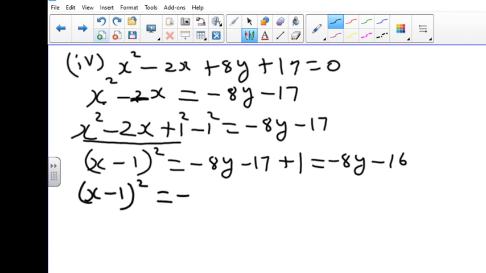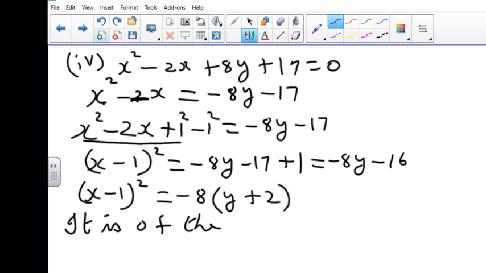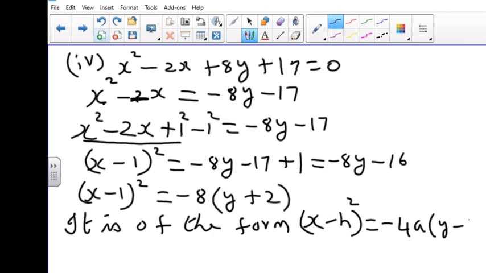Here the common factor minus 8 can be taken out, so y plus 2. Now this is of the form x minus h the whole square is equal to minus 4a into y minus k.